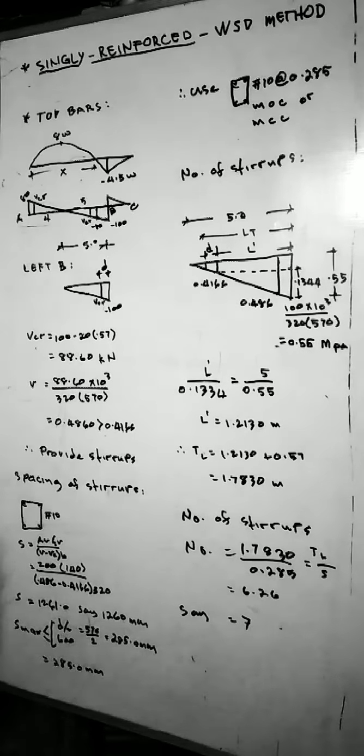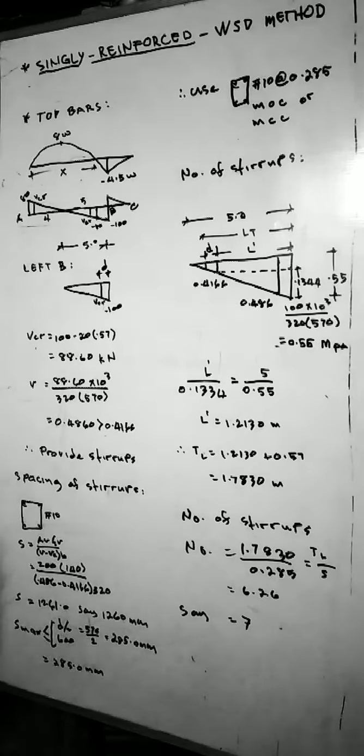This is the triangle just left of the B. The maximum shear is 100 kilonewton. The critical shear is the distance from this one.